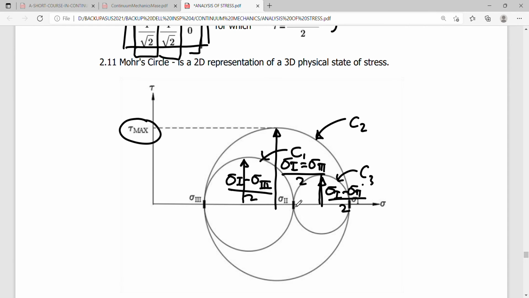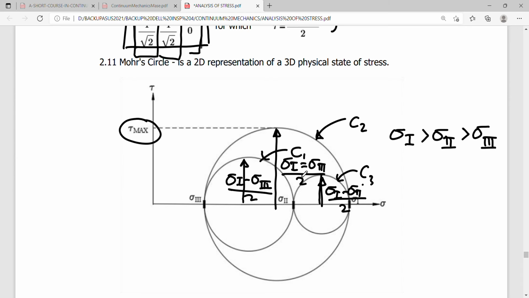So this is consistent if and only if sigma 1 is always greater than sigma 2 and sigma 2 is always greater than sigma 3. So if you are considering another range of inequality, then you must take note of how to capture, okay, numerically the maximum.